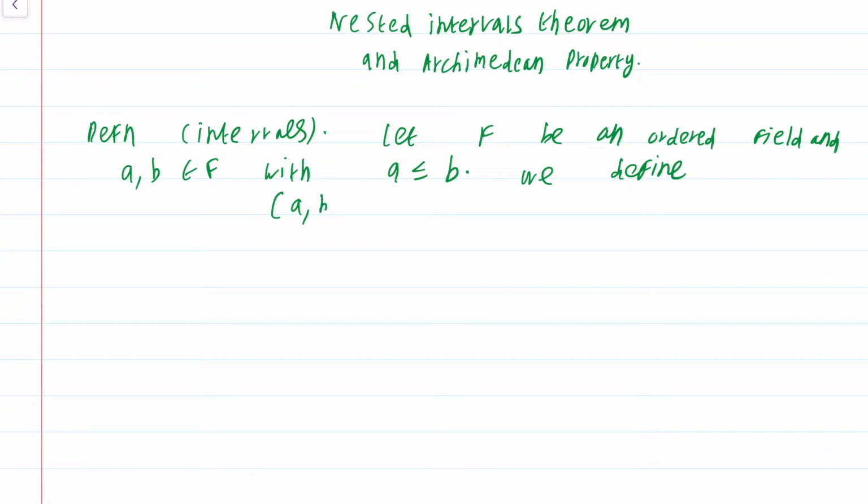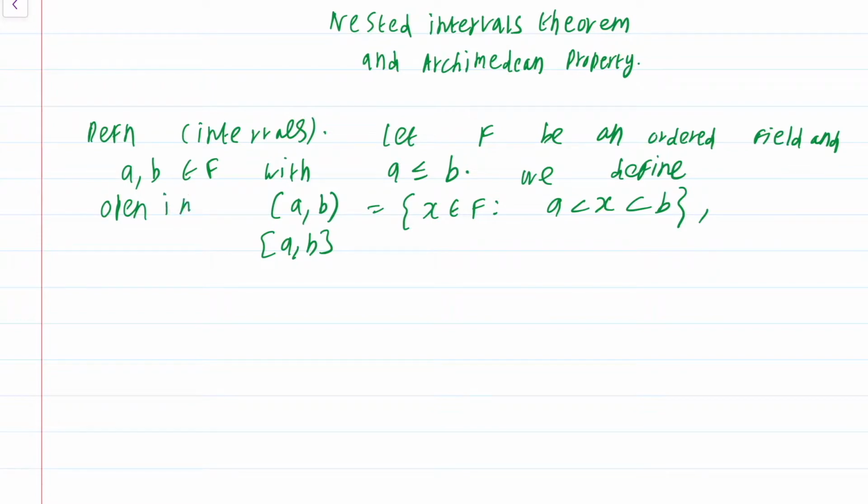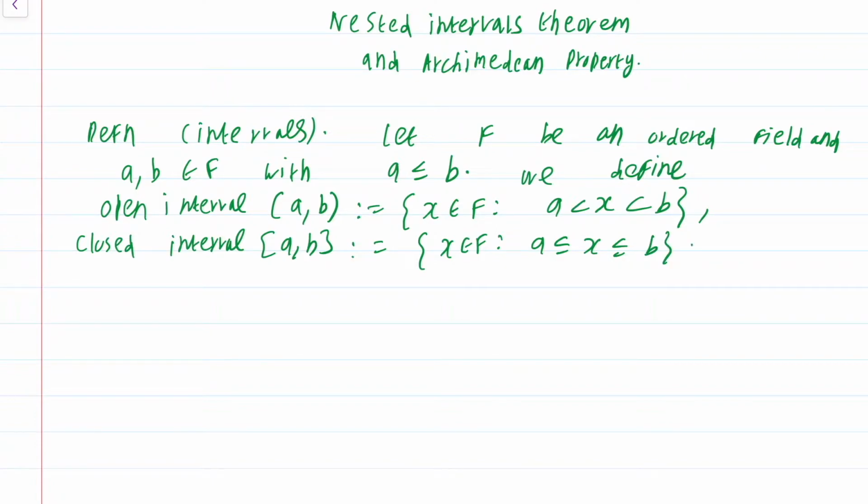The first one is (a, b), the open interval, which is x in F such that a is less than x less than b. The second one is the closed interval [a, b], which is x in F such that a is less than or equal to x less than or equal to b.